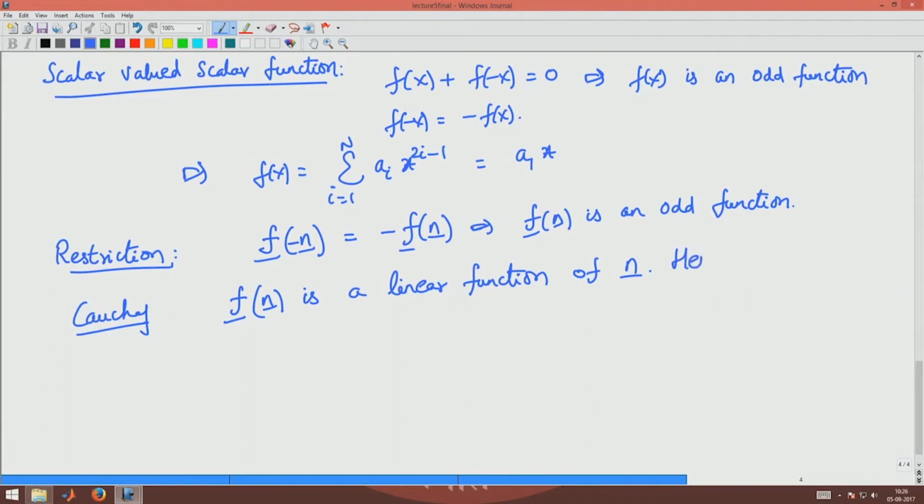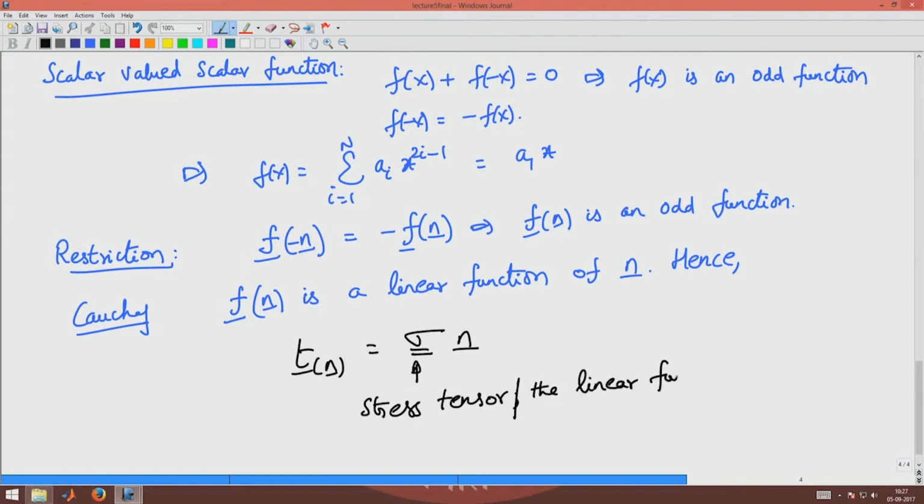T of n can be written as sigma times n, where this is what is called the stress tensor, or the linear function that maps n to T of n.